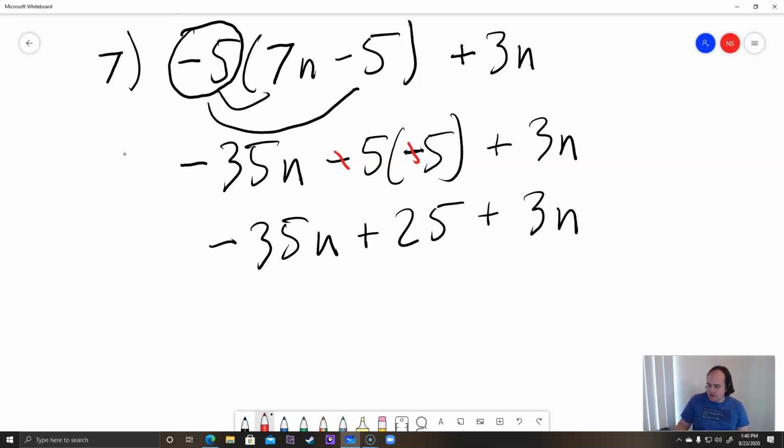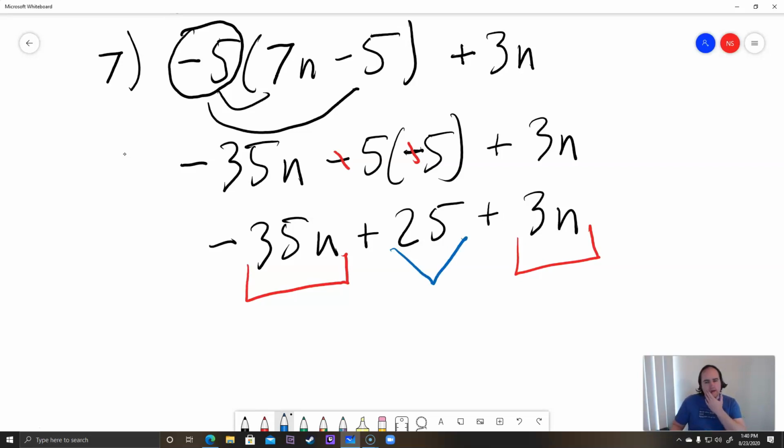So what are the like terms here? Well, we've got the terms involving n, so that's negative 35n and positive 3n. And then we have 25 by itself.